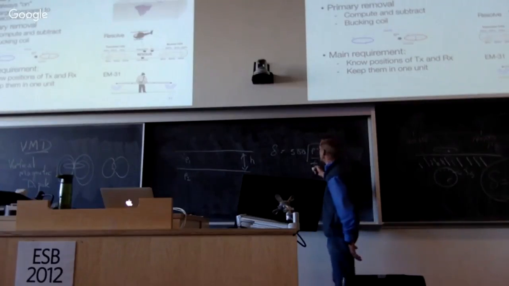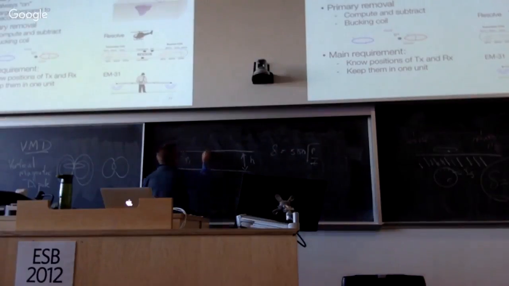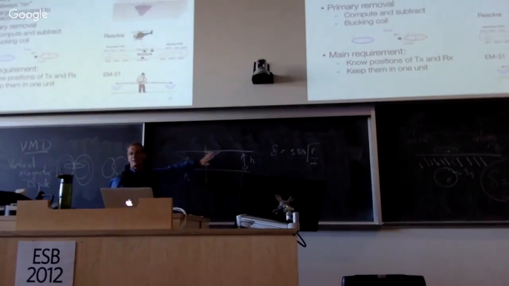If I choose a frequency that's high enough, then the electromagnetic wave is just going to go down to 0 here. So I'm going to get a response that's really affected only by this upper layer. So high frequencies, maybe that 140 kilohertz, are just going to see the top couple of meters. And if that top couple of meters happens to be 100 meters, that's fine.